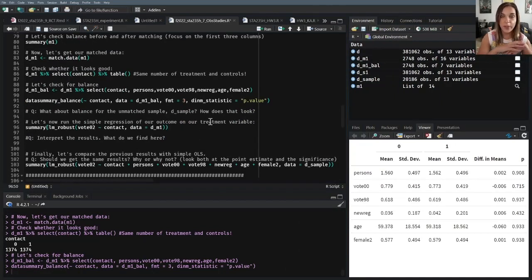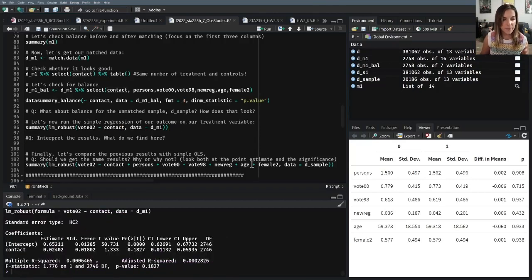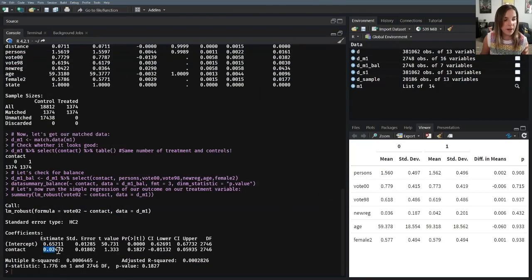Just as in an RCT, we did all the balancing beforehand, right? So all I need to do now is just run a simple regression between the outcome and the treatment. Remember that the treatment variable is contact. So let's run this, and this is our estimate. After matching, assuming that we have controlled for all confounders, we can say that actually there is no significant effect of contacting someone in the Get Out the Vote campaign on voter turnout compared to not contacting someone.